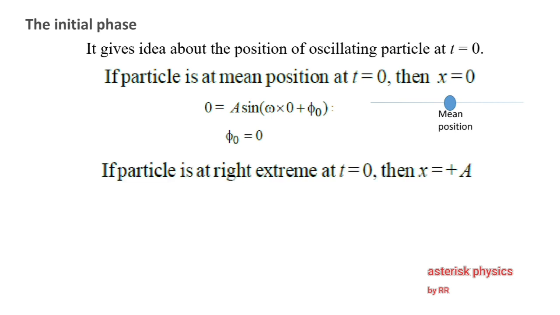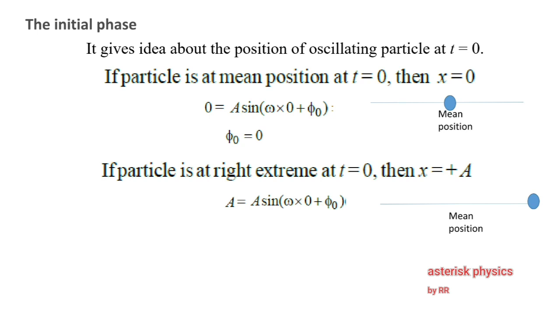If the particle is at its right extreme end at t is equal to 0, then we have x is equal to plus A. If it is at the right extreme end, the position of the particle at time t equal to 0 will be capital A. So substituting in the equation x is equal to A sine omega t plus phi 0, we get A equals A into sine of omega into 0 plus phi 0.